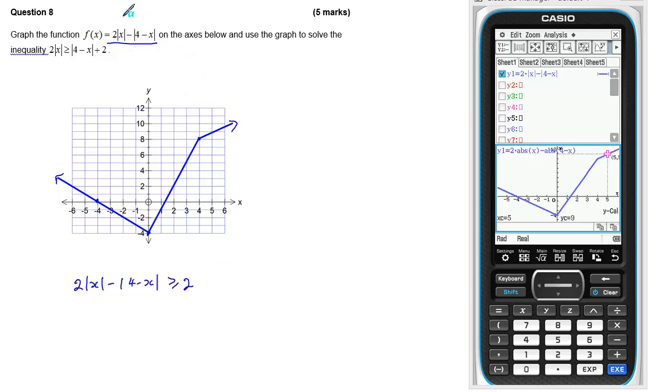So if I now just draw on here y equals 2, I'm going to be after from here back this way, and from there this way.